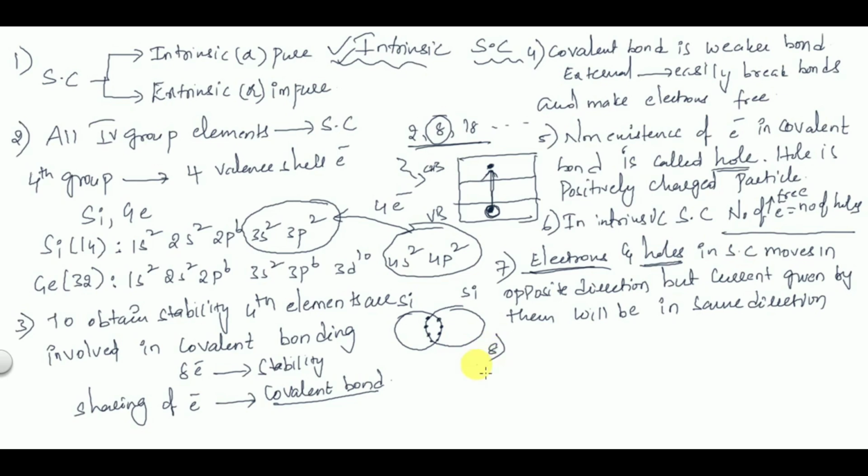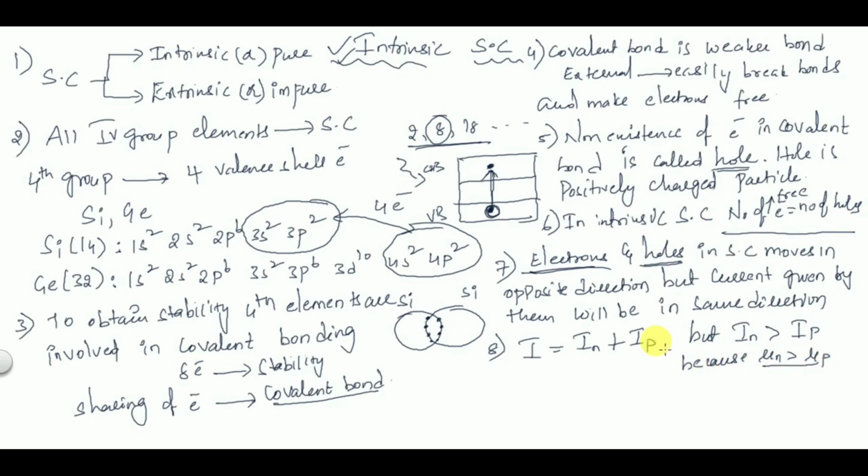The total current in an intrinsic semiconductor is due to both electrons and holes, because both charge carriers are present. But In is always greater than Ip, because mu n is greater than mu p. What is mu? Mobility.